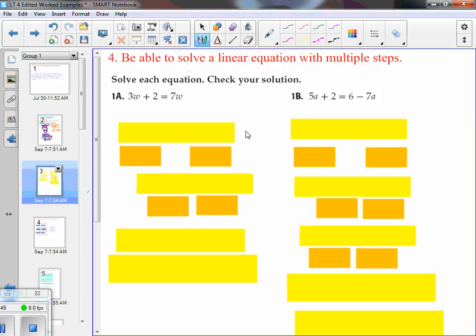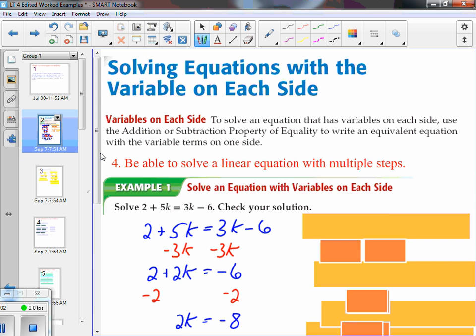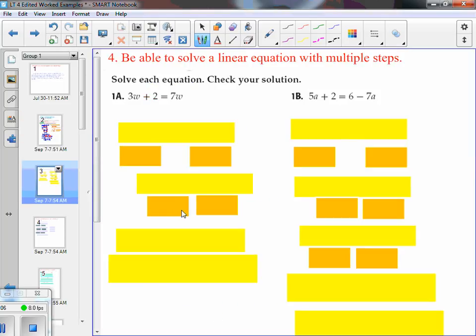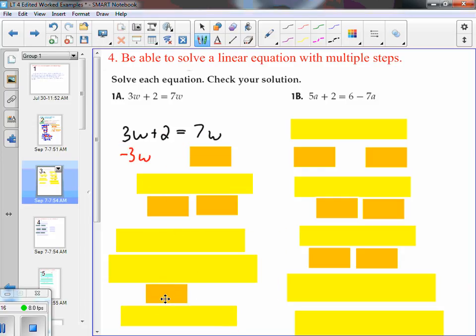Let's do a couple more. Number 1a here: 3w plus 2 equals 7w. Now, the previous example, I worked it where the variable was on the left side. Does the variable have to be on the left side? No, it doesn't. Does it matter? Not in the least. All right? So on this one, I'm going to subtract 3w from both sides.